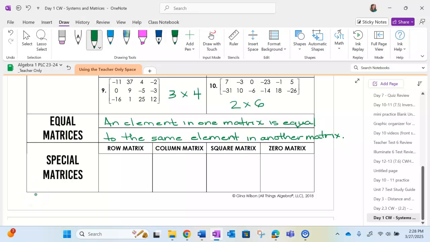All right, special matrices. A row matrix is just a matrix with only 1 row. It looks like this. A, B, C, D, 1 row. Whereas a column matrix is a matrix with only 1 column.